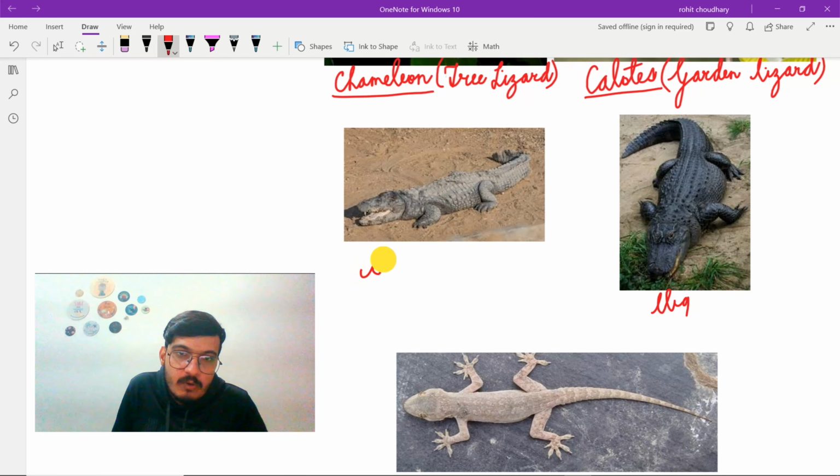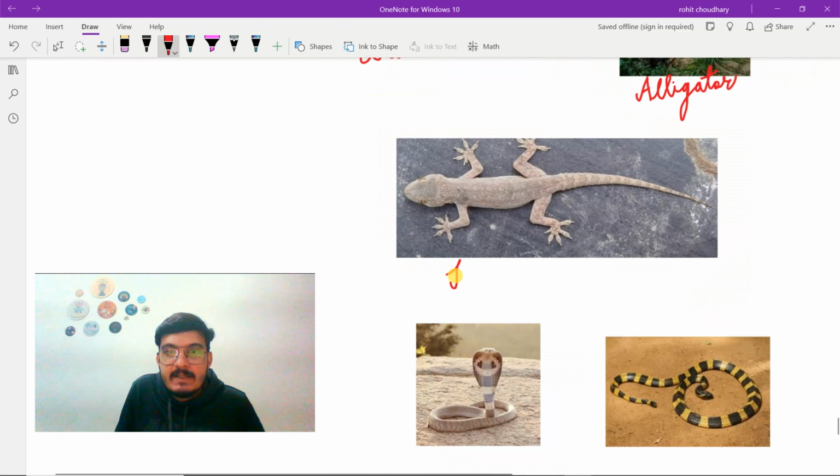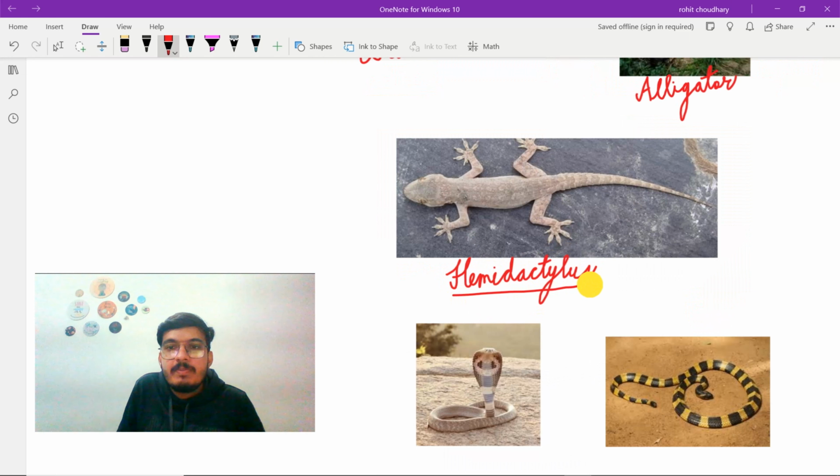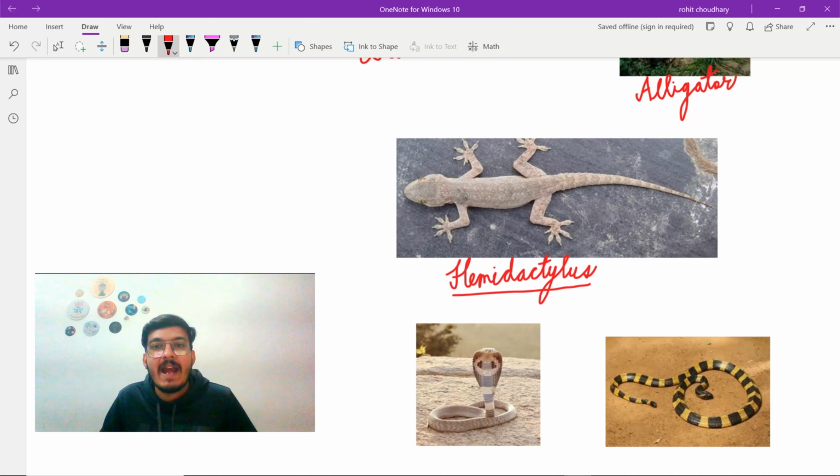This one is crocodile. This one is alligator. This is Hemidactylus, commonly known as wall lizard. It can walk upside down on the ceiling by creating vacuum. It breaks off its tail when attacked to confuse the animal and escapes. It can regenerate its lost tail.